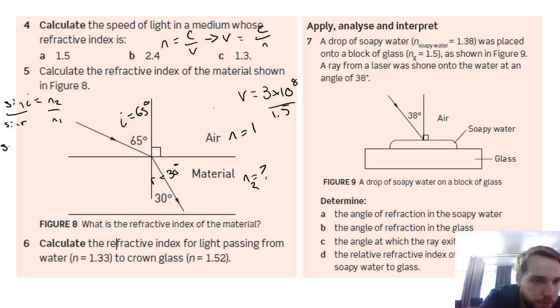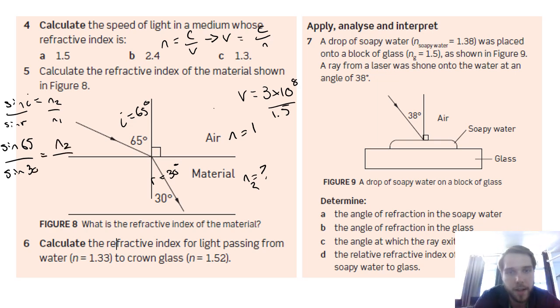Sine of 65, because that's our incident angle, and sine of r is sine of 30. n2 we don't know, so I'm just going to say it's n2 over n1, which is 1. We're just dividing by 1, so it's the same as doing nothing. That means n2 is just sine of 65 divided by sine of 30. I don't have a calculator with me, so I'm going to trust you guys can do that one.